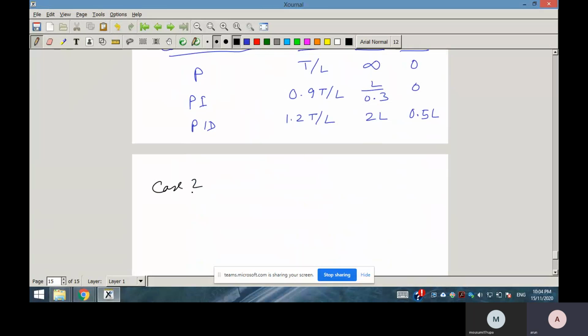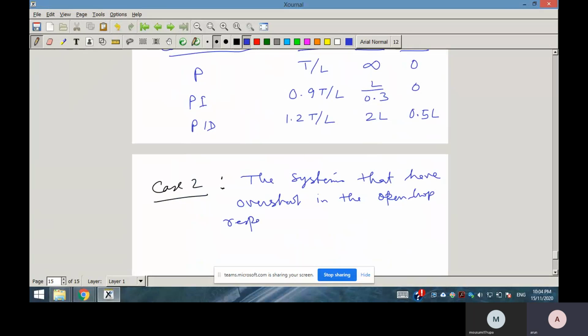Case two means the systems that have overshoot in the response, in the open loop response.